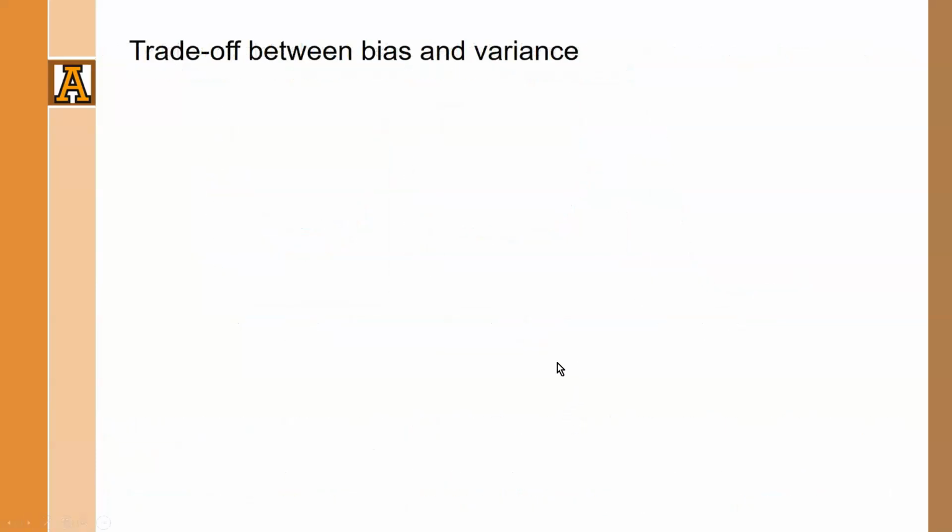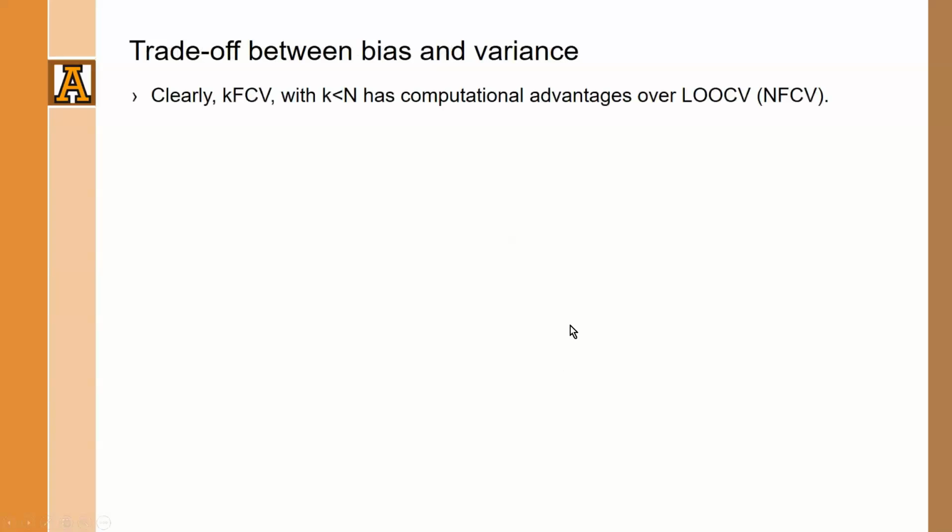Now let's talk a little bit about the trade-off between bias and variance. If we take k-fold cross-validation with k less than n, because k equal to n is leave-one-out cross-validation, we already mentioned that it has computational advantages over leave-one-out cross-validation, because you don't have to fit the model so many times.